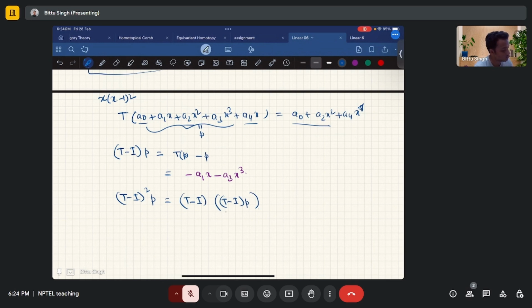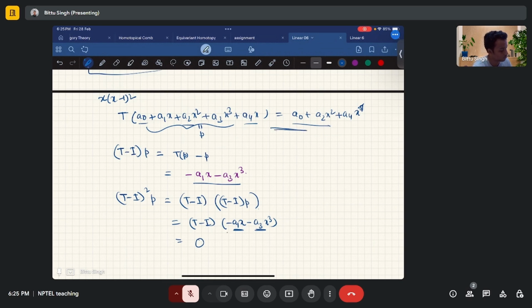But (T - I)P is already there. So this is actually T minus I acting on minus a1x minus a3x^3. But there are only odd terms, so if we apply T, it will be 0, because of this rule.